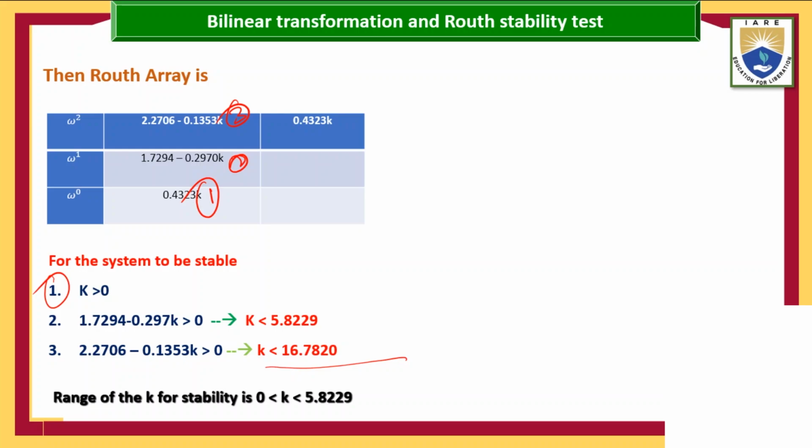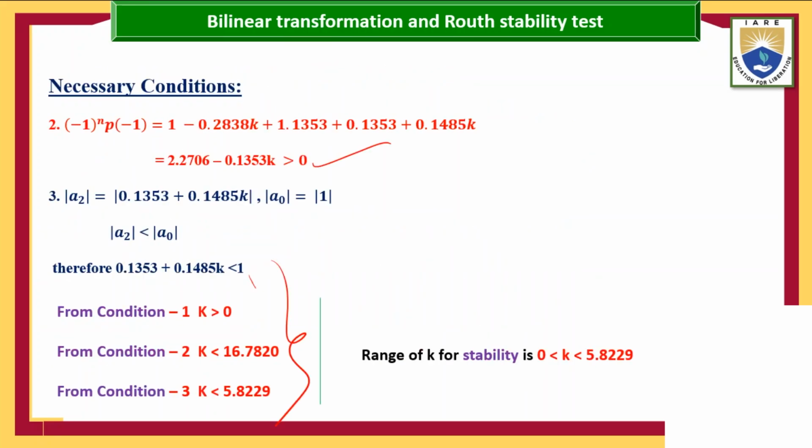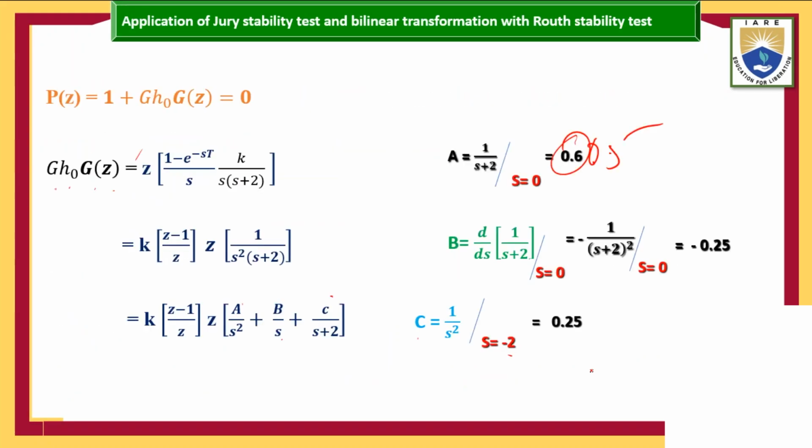Finally, from these equations, the range of the k value is between 0 and 5.829. Why are we not taking 16.7820? Because it is a bigger value. The previous one, what is the range of this one? 5.829, no? 5.829.